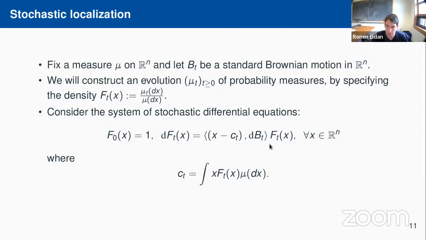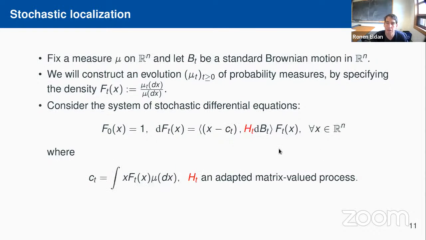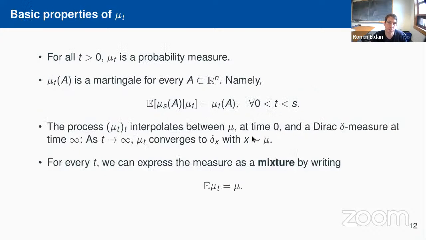I don't want to spend too much time on how to do this exactly, but there is a good way to do this. And in fact, we'll consider a family of such processes: we can take those differentials of the Brownian motion and multiply them by any driving matrix valued process H_t, which will give rise to several ways to do this localization.